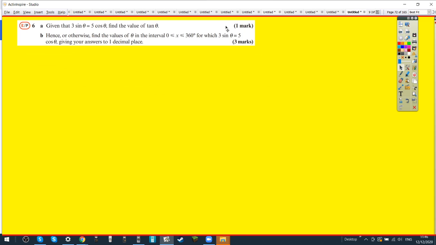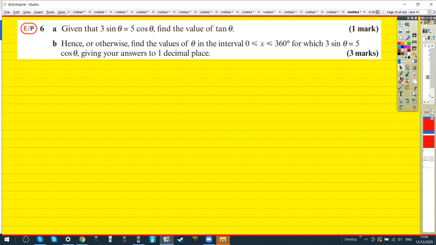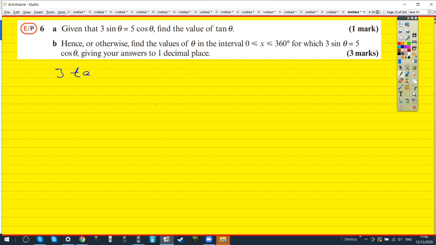Given that 3 sine, hence or otherwise. What would be part A? Three tan theta equals 5. And then could you put that into the calculator?